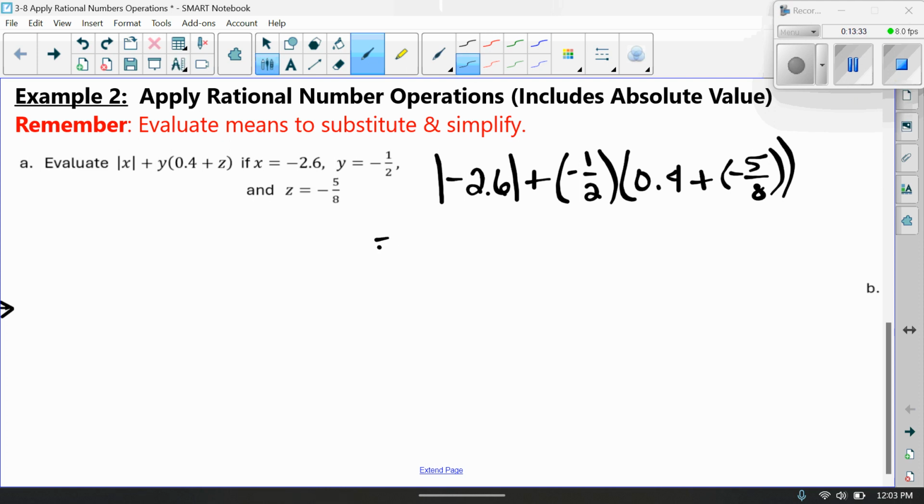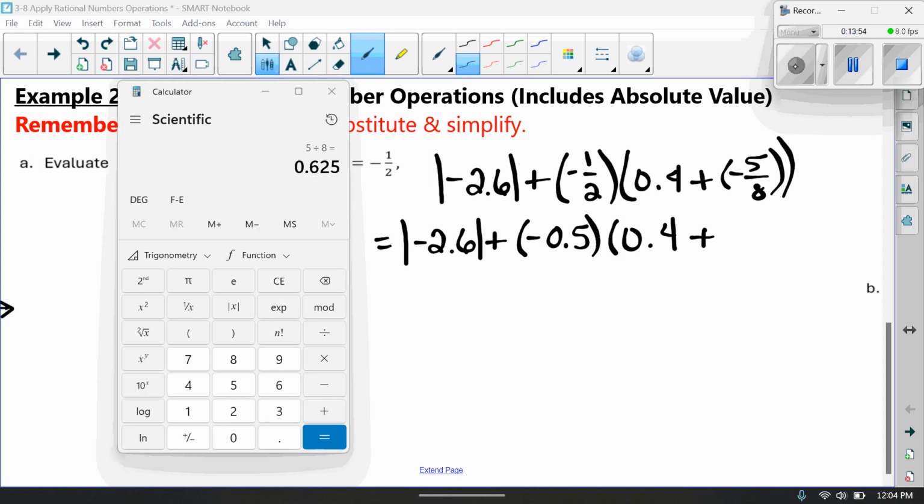So here we've got the absolute value of -2.6 plus -0.5 times 0.4 plus a -5/8, which is 0.625.